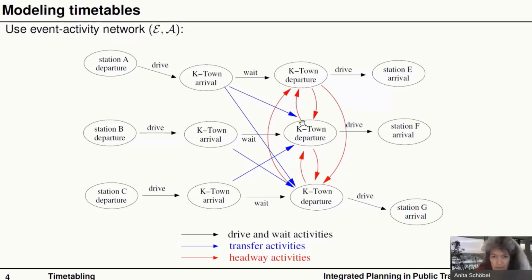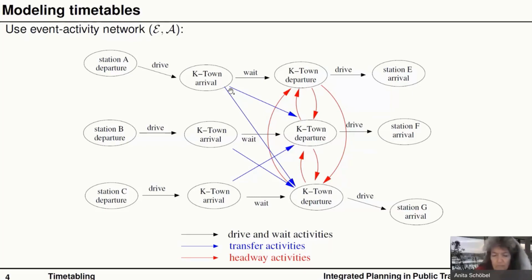It's important in this model that if you see an arrow, such a link, then it's always a temporal link, so the beginning of this activity has always to be before the end of the activity. So if a vehicle departs at some station, then this happens before it arrives at the next station.